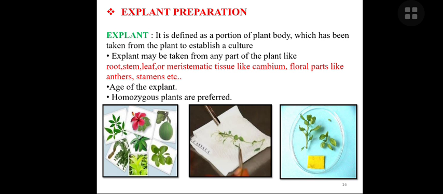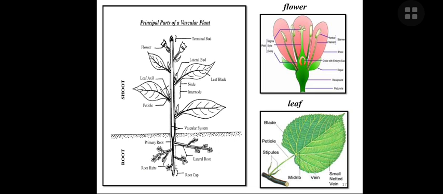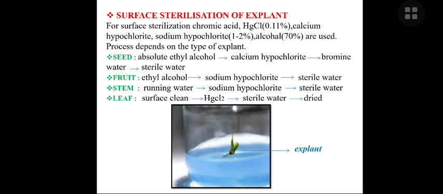The age of an explant is very crucial because it should not be too old and it should not be too young, so an appropriate age of the plant is necessary. Then homozygous plants are preferred, and these are the explants we usually take: shoots, roots, flowers and leaves.